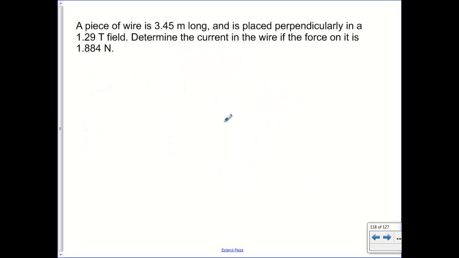So let's try an example. You have a piece of wire. The magnetic force you're looking for would be equal to the current times the length of the wire times the magnetic field. We have 3 out of 4 numbers, right?